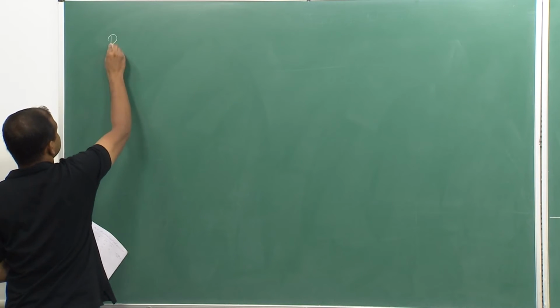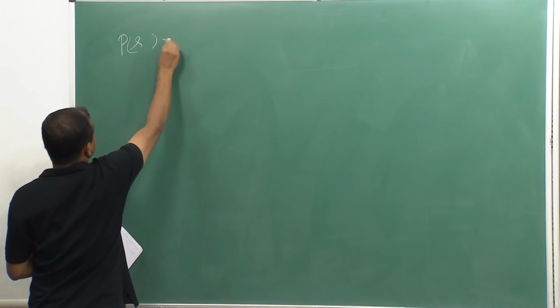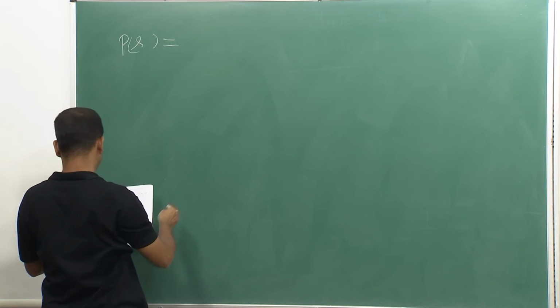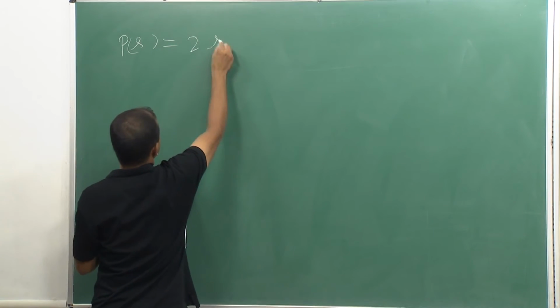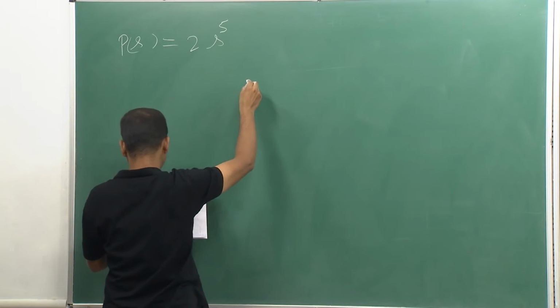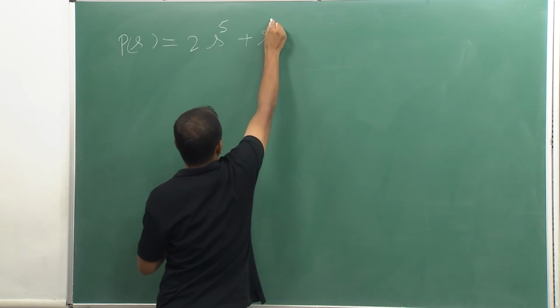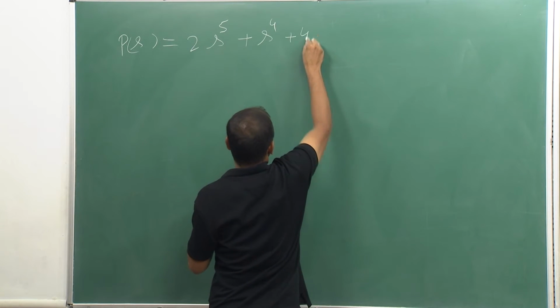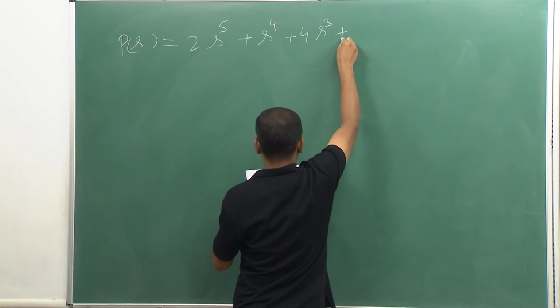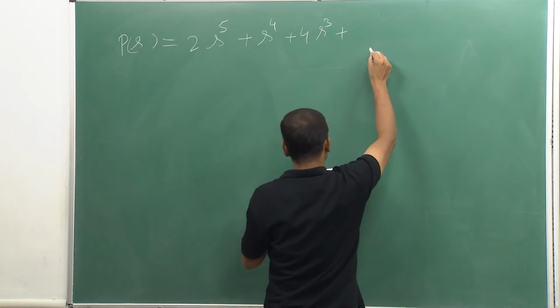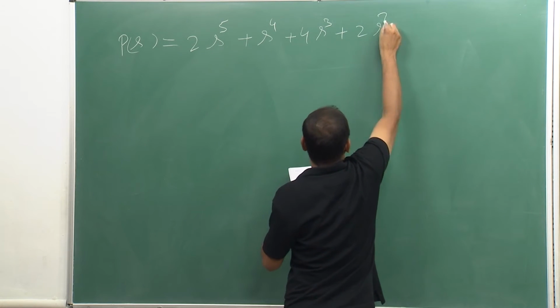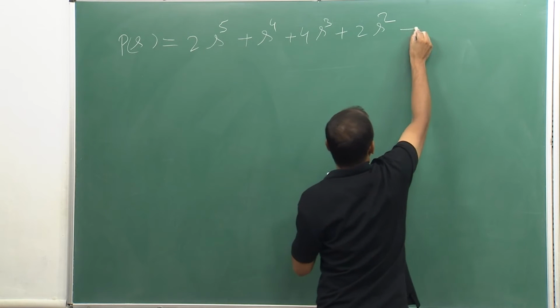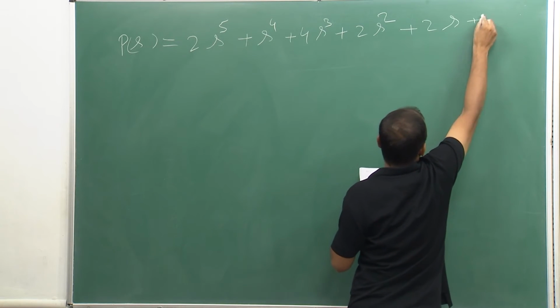The characteristic equation is given by 2s to the power 5 plus s to the power 4 plus 4s cube plus 2s square plus 2s plus 1.